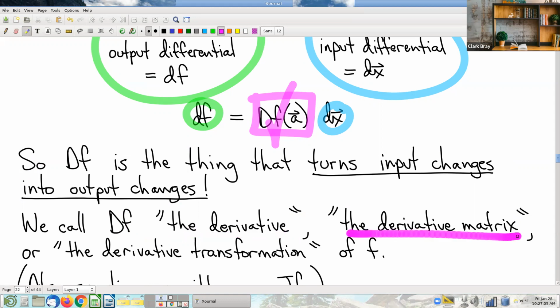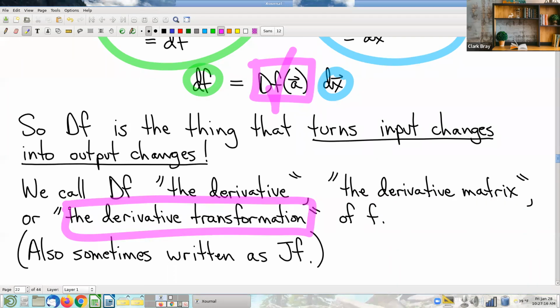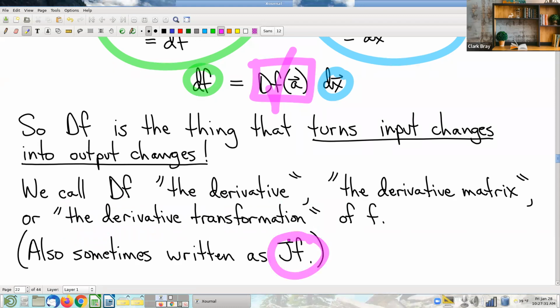Sometimes, to be a little more on the nose, people call it the derivative matrix because, of course, it's a matrix. Also, it's a linear transformation, so it is routine to call it the derivative transformation. Heads up, you're going to hear these terms in this class and out of this class, and they're all talking about the same thing. One other broadening point: sometimes people want to distinguish between the linear transformation and the matrix representing it, as we did earlier in this class.